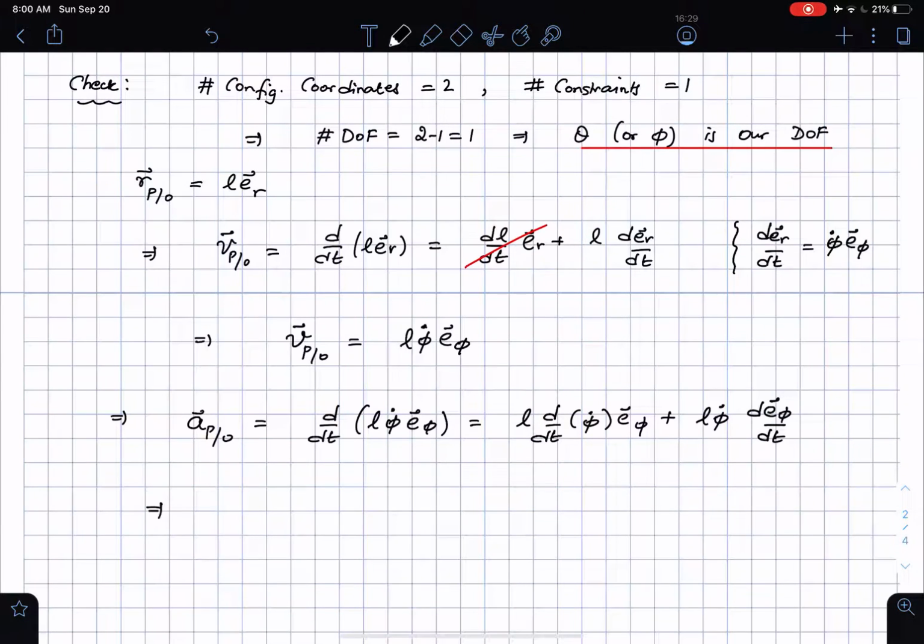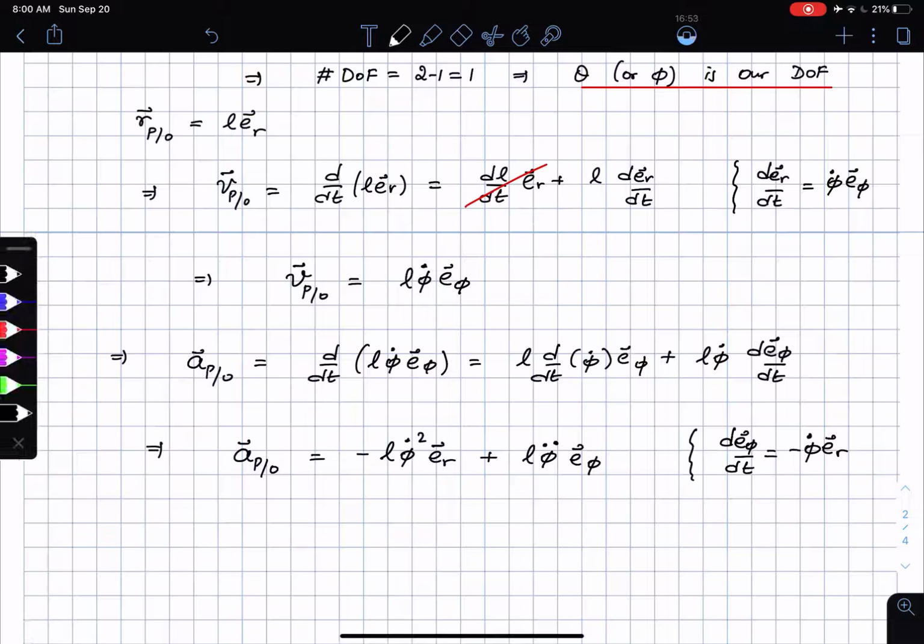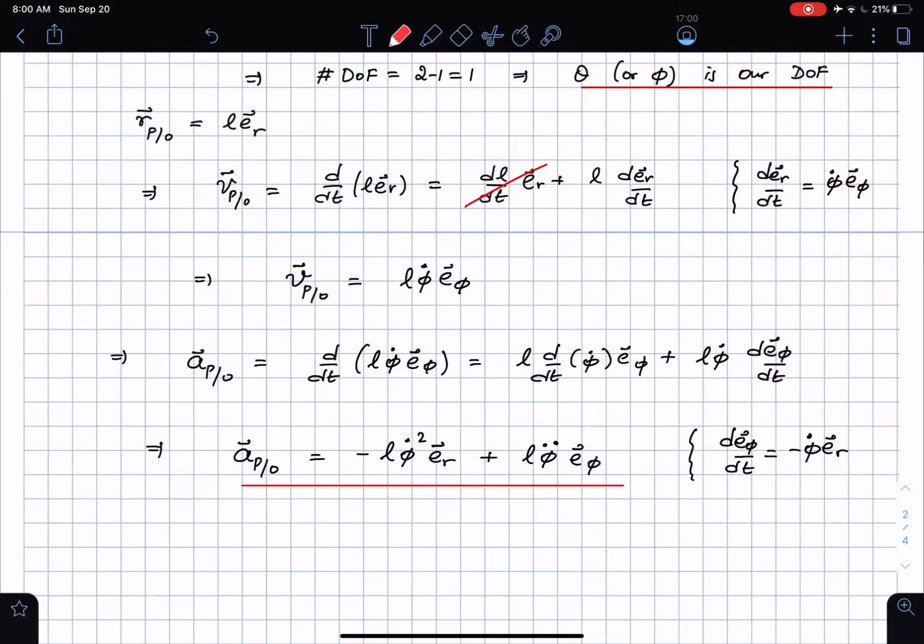The acceleration of p slash o ends up having the following form: minus L phi dot squared E R, where I substituted for d E phi by dt, which is minus phi dot E R, plus L phi double dot E phi. This is something you should be expected to know how to do, typically in an exam. This information will not be given to you. You might be asked to do this.